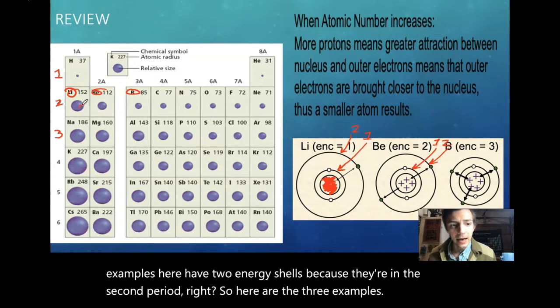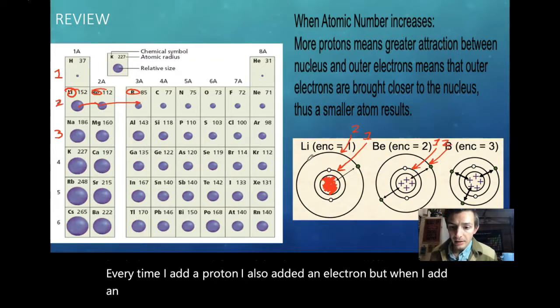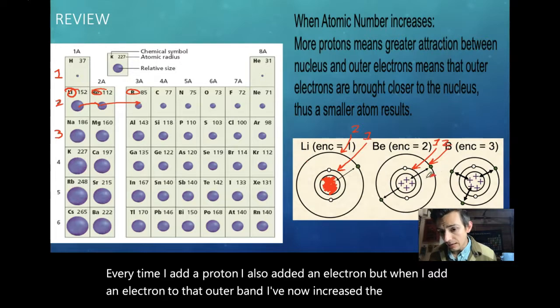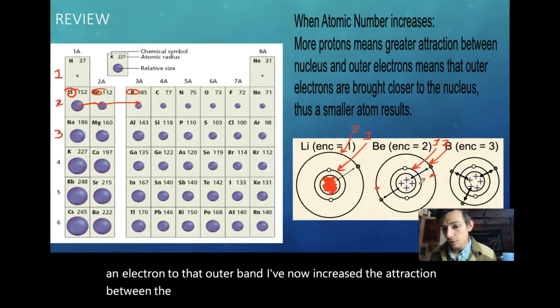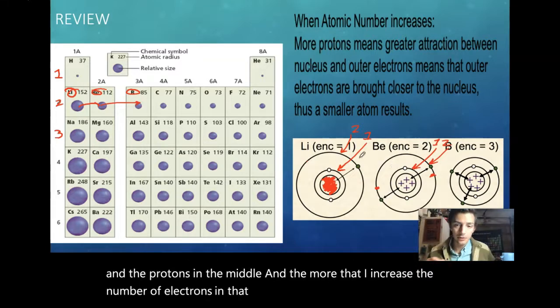Every time I add a proton, I also add an electron. But when I add an electron to that outer band, I've increased the collective attraction between the band and the protons in the middle. The band is never going to increase.